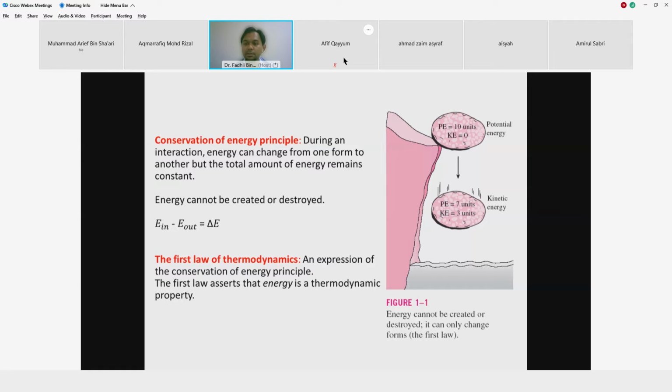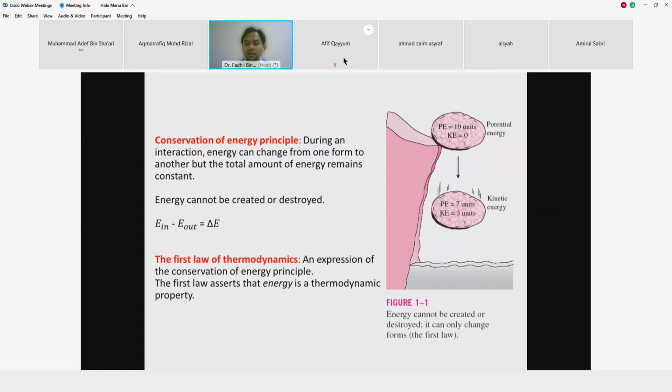Example here, if we look at this figure, this rock has 10 units of potential energy, but 0 units of kinetic energy. Why? Because the rock is at the top of the hill. Okay? The potential energy is maximum compared to the kinetic, which is 0. This rock is not moving yet.